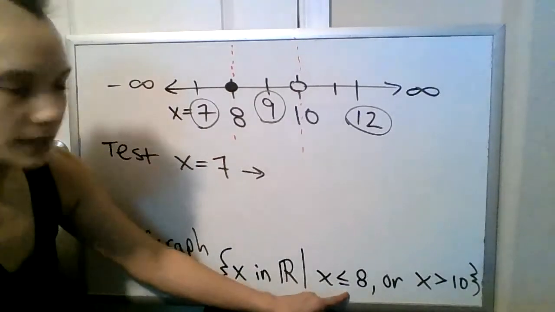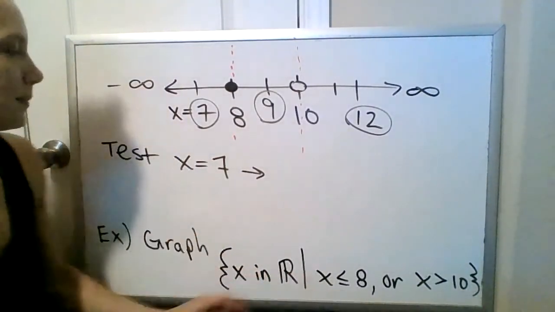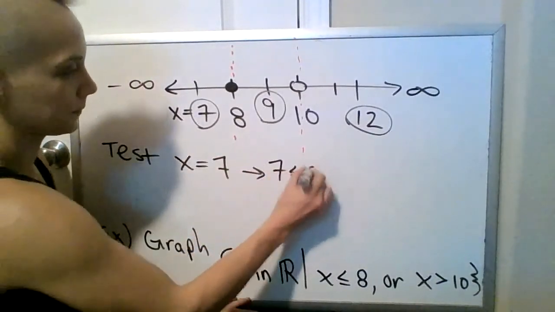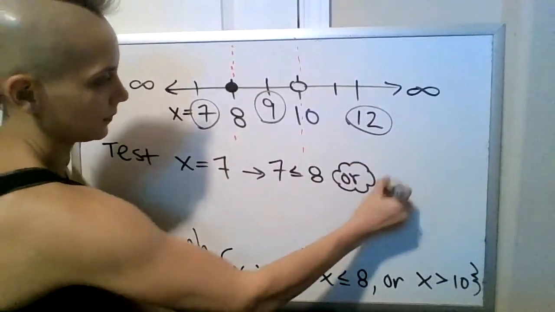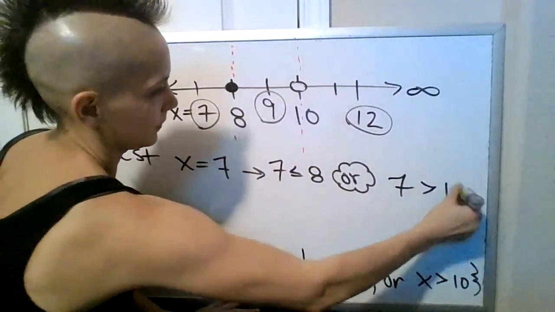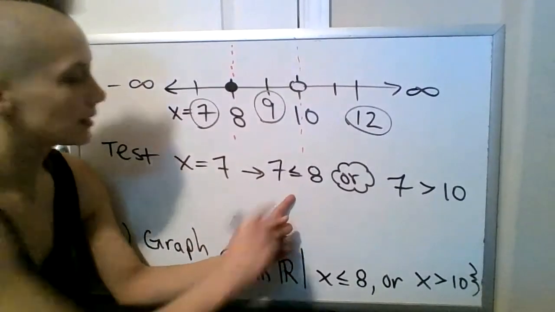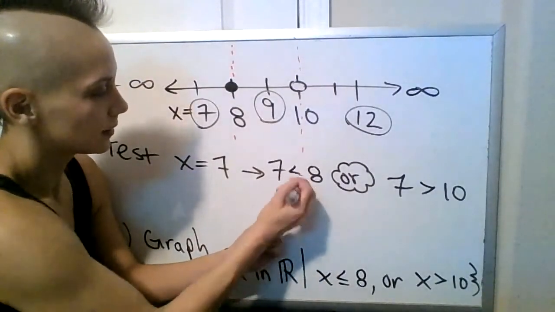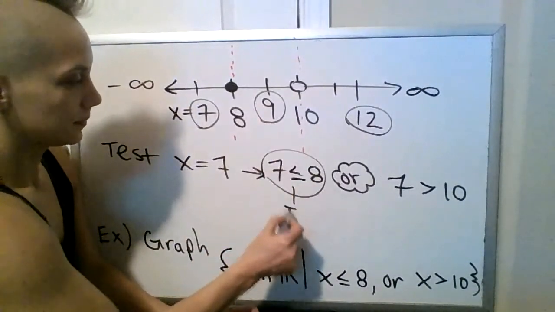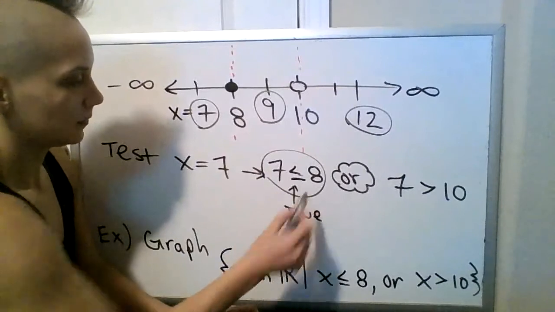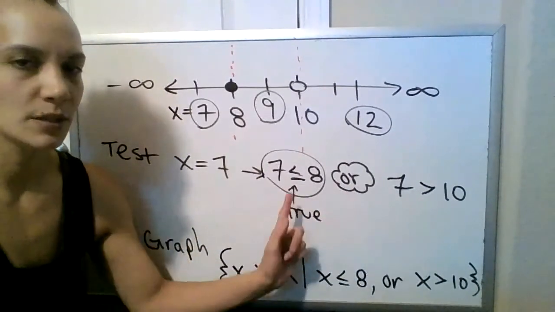Okay, 7 less than or equal to 8, or 7 greater than 10. That part is true. 7 is less than 8. And 7 is not greater than 10, but with or, you just need one of those parts.